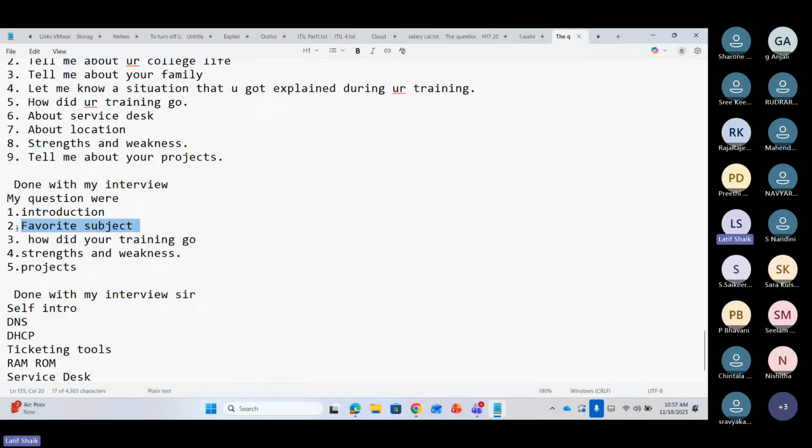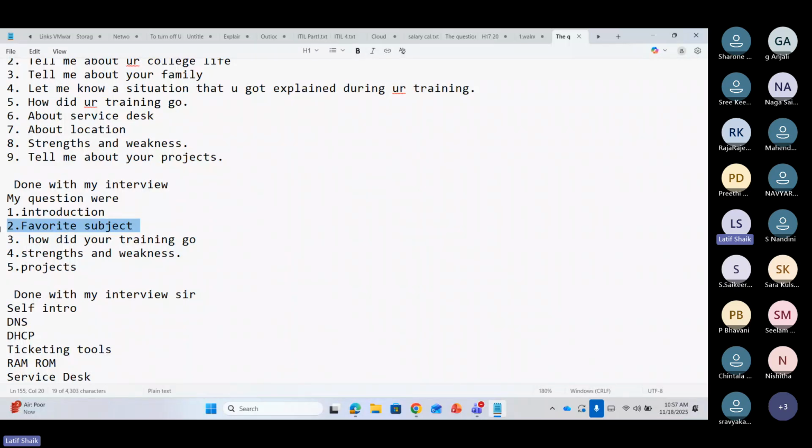What is your favorite subject? In this, we don't know whether it is in your engineering subject or in your training related subject. Which one are you most familiar with, so that if the person asks one or two questions about it, you are able to give an answer?